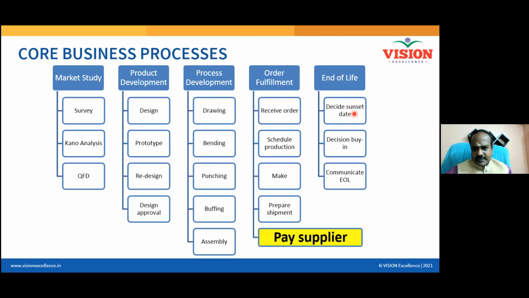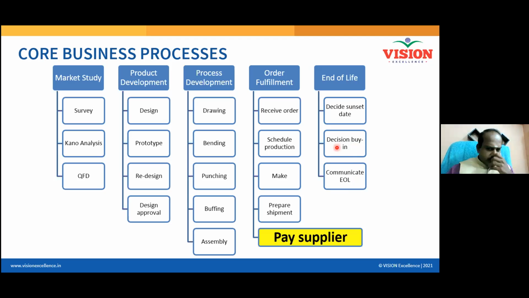For that decision, you should get the buy-in from all the stakeholders. Once the buy-in is obtained, you will communicate about the end of life. For example, sometime back, Maruti stopped producing Maruti 800. So a decision was made on the sunset date, the buy-in was obtained, and after that period of time, all operations related to that product were stopped.